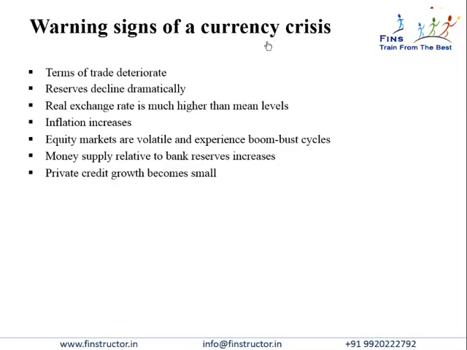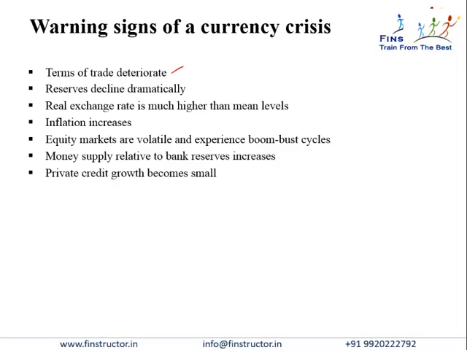A currency crisis happens when people lose faith in your currency and we see a rapid depreciation of the currency. So some warning signs or some precursors to a currency crisis or a rapid depreciation in the currency include the following. First, the terms of trade deteriorate. So you're not able to export as easily and you're not able to import as easily.